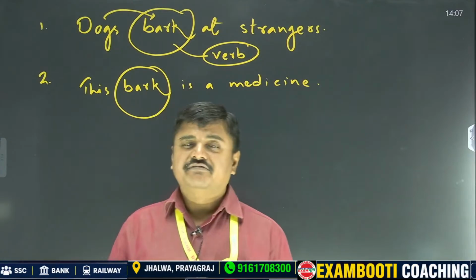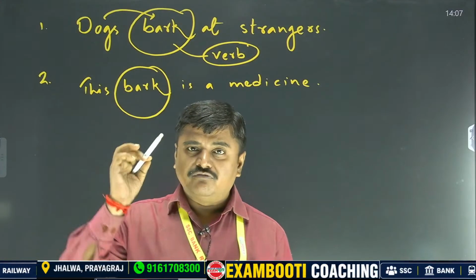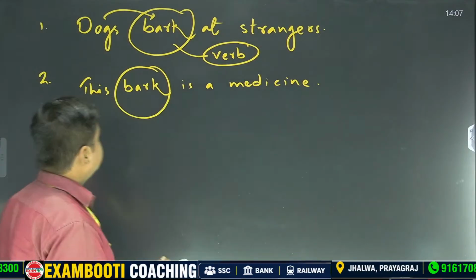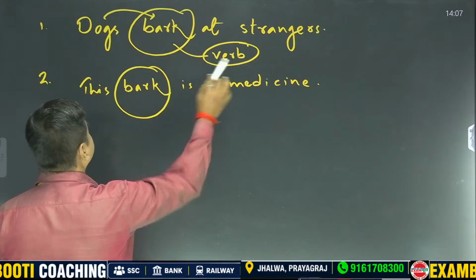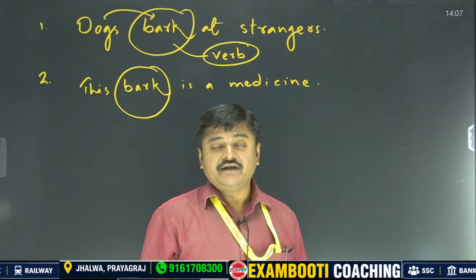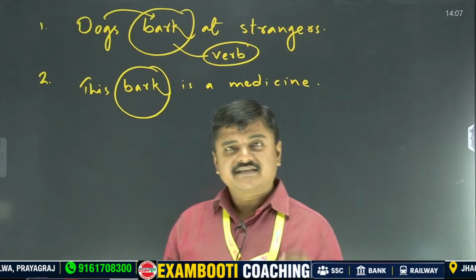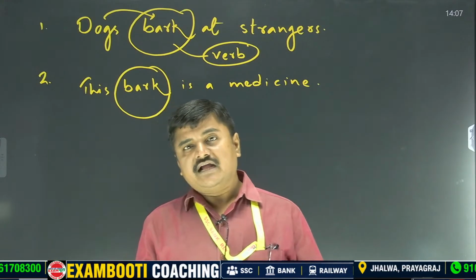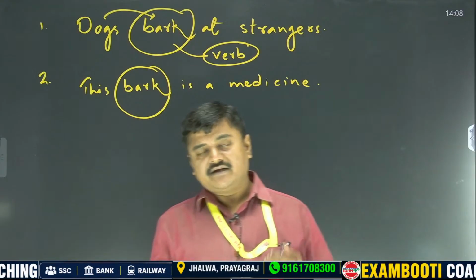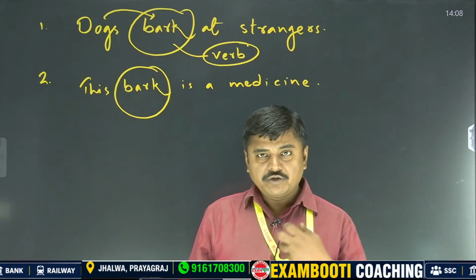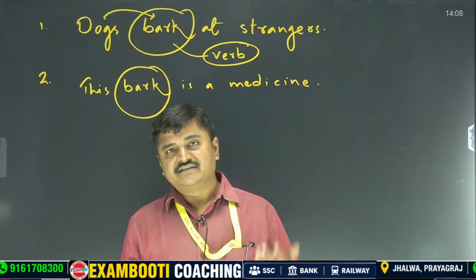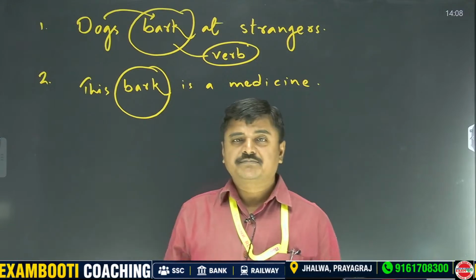That is the difference. But what is another significant thing in this reference? Here the bark is acting as a verb, but here bark is a noun. And you can comparatively understand it because, as I have reminded you so many times, after "this" you usually use a noun: this boy, this girl, this father, this mother, this book, this place.